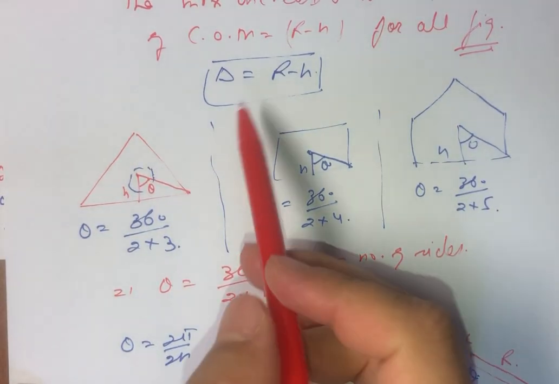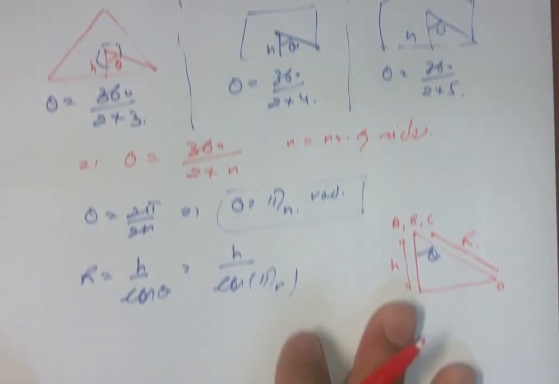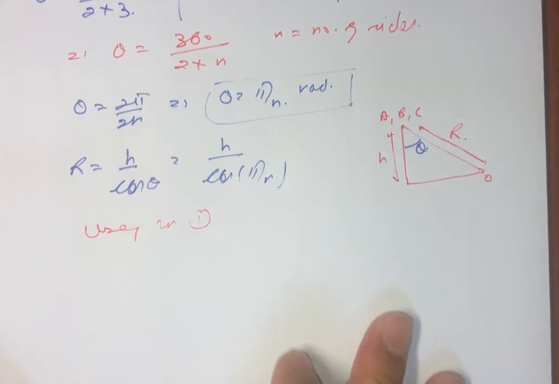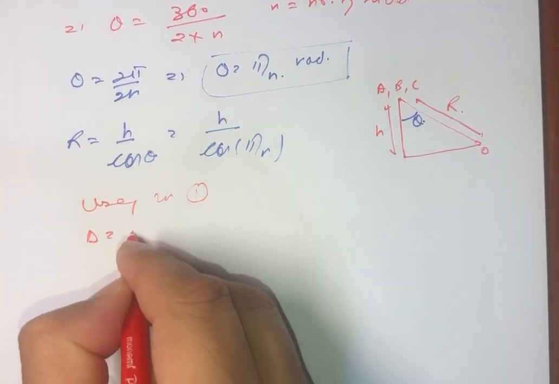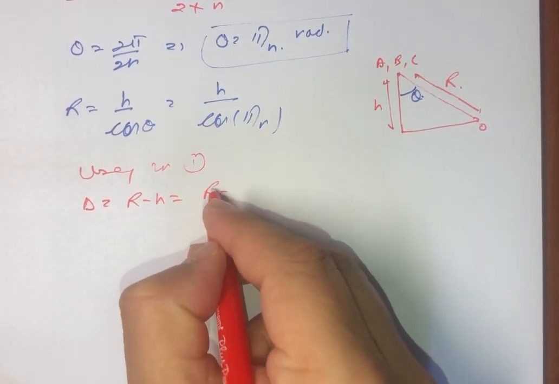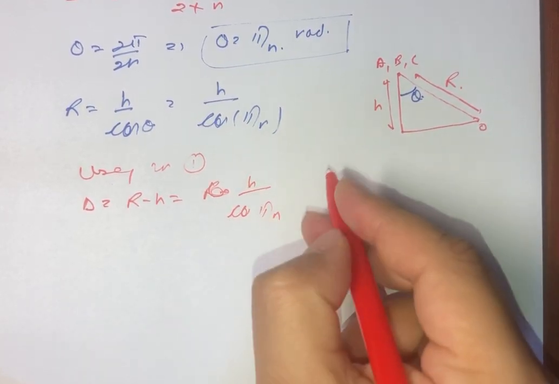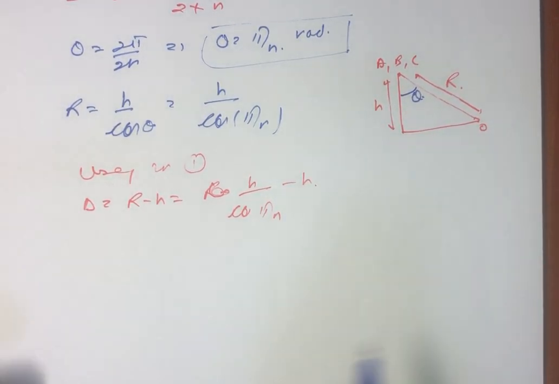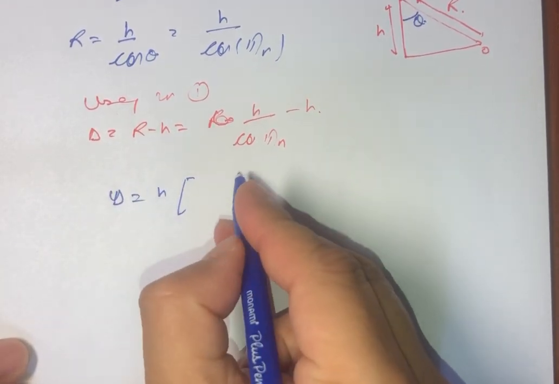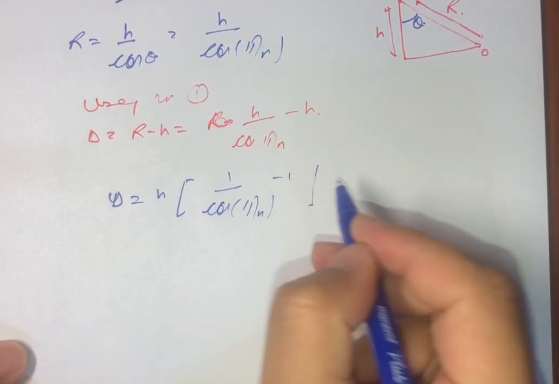We already know the relationship between delta, R and H. Let us call this as equation number 1. So we can say, using equation 1, delta is R minus H, which is equal to H cos of pi by n minus H. Taking H as common, we get delta is equal to H times 1 upon cos of pi by n minus 1.